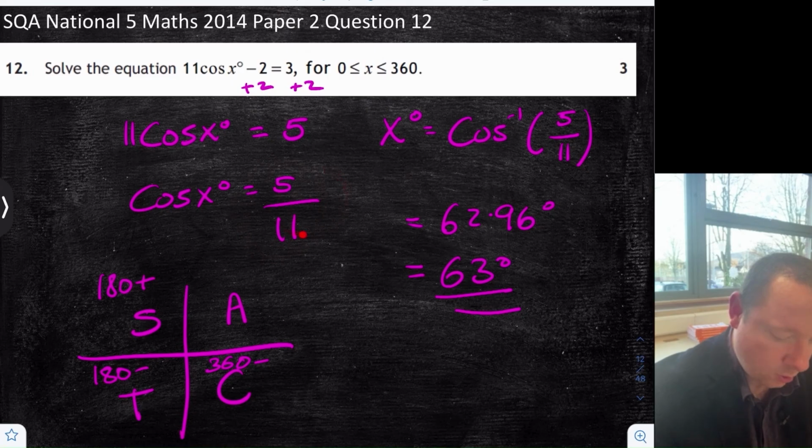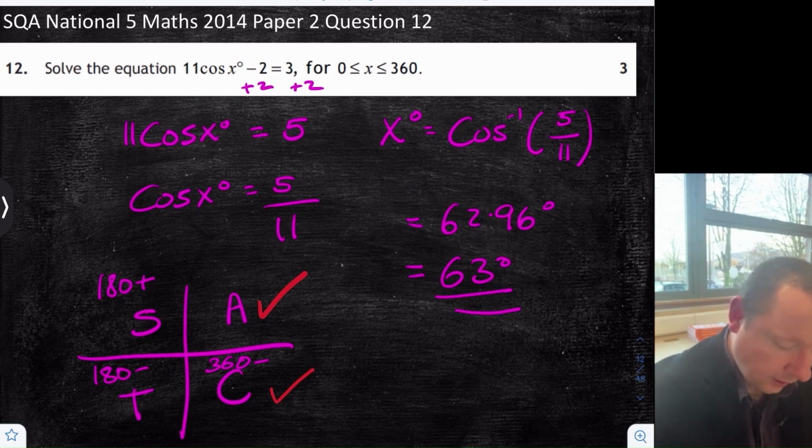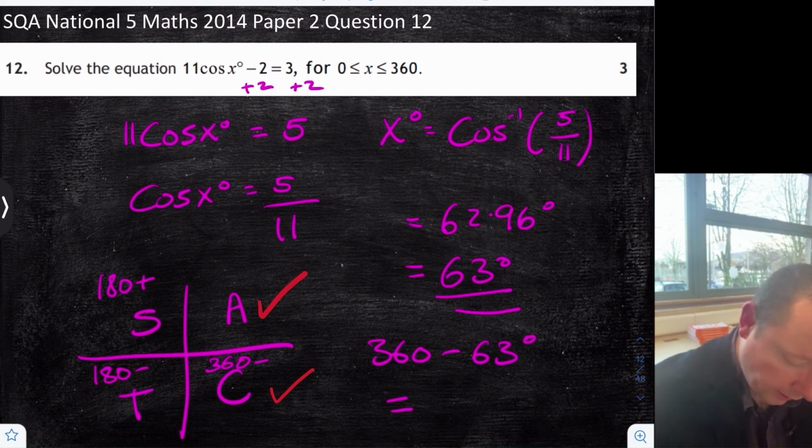Well, 5/11 is positive, so I tick A if it's positive, and you always then tick the one you've got, which is cos. If it was negative, I would just tick the other two. So I now need to do 360 minus 63 degrees to get our second answer, which is 297 degrees in this case.